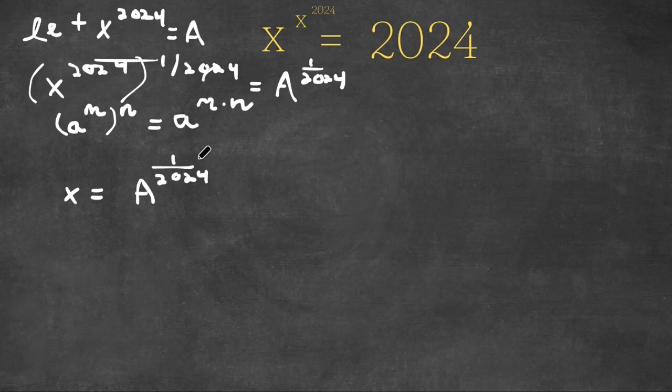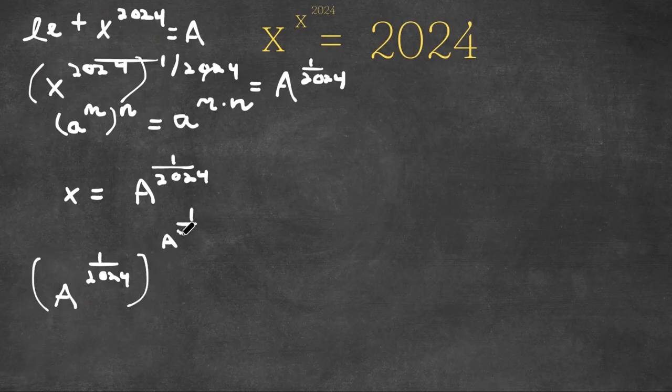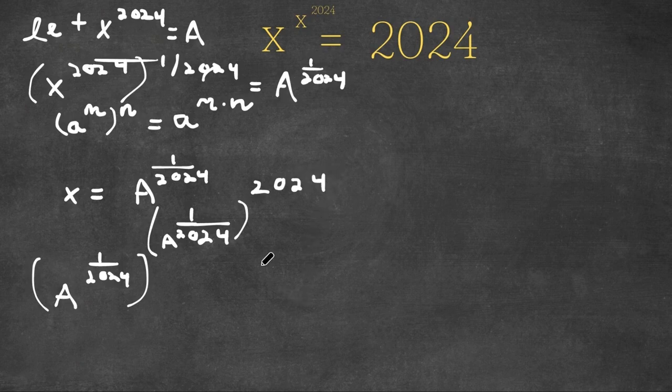And if I plug in a to the power of 1 over 2024 for x, I get a to the power of 1 over 2024, to the power of a to the power of 1 over 2024, to the power of 2024. And now this is equal to 2024.